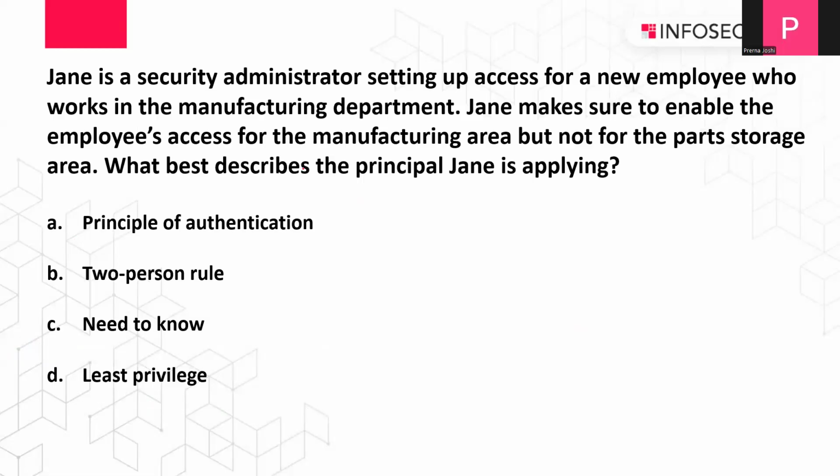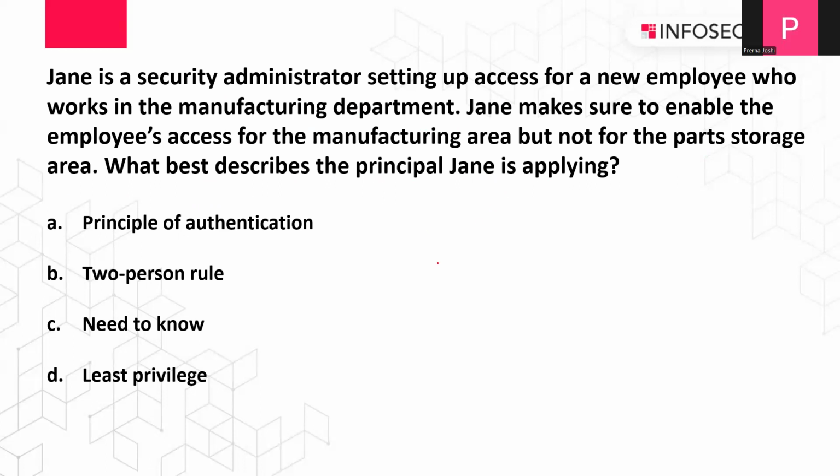The next question says, Jane is a security administrator setting up access for a new employee who works in the manufacturing department. Jane makes sure to enable the employee's access for the manufacturing area but not for the parts storage area. What best describes the principle Jane is applying?